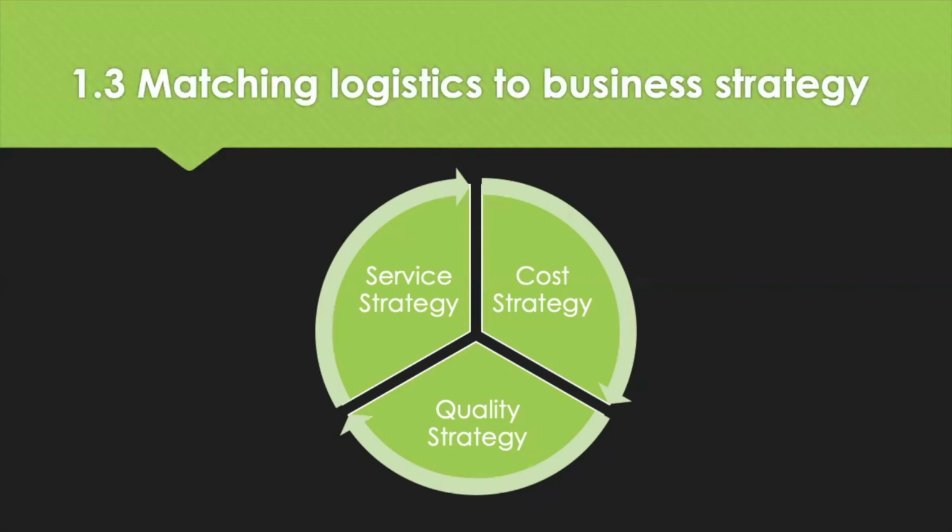The need to understand and meet customer requirements is a prerequisite for survival. The customer in today's marketplace is more demanding in relation to cost, quality, and service than they ever were before. So the role of logistics is to enhance the company offering in these three areas so you can maximize the opportunity for success.